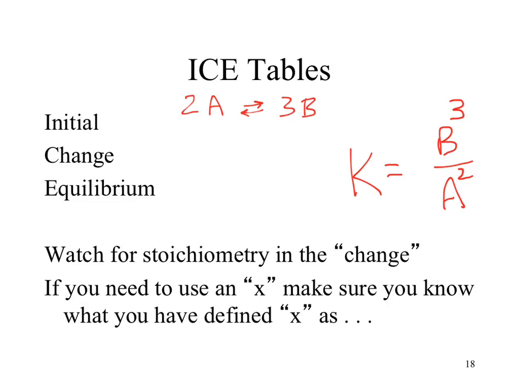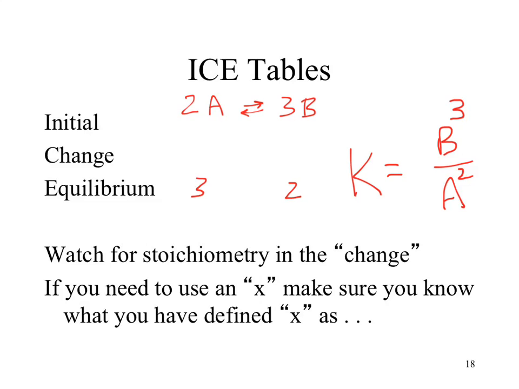Yes? Would it be 3B cubed over 2A squared? It depends on how we had to solve that problem. That's why it gets a little bit dicey, because in some cases you don't need to worry about the change. Maybe you're given the equilibrium concentrations. If I tell you the equilibrium concentration of A is 3 and B is 2, when I go to plug in numbers, do I do 2 times 2?